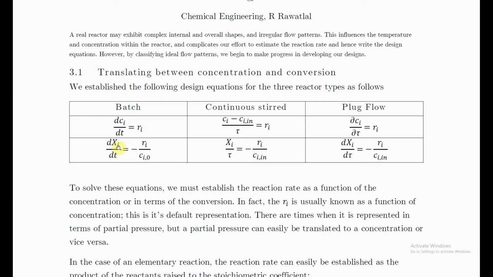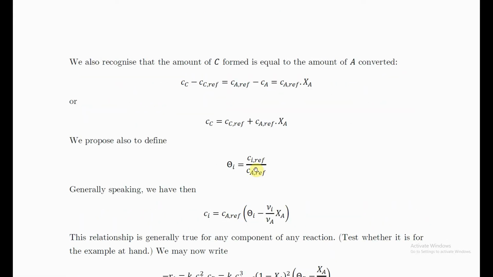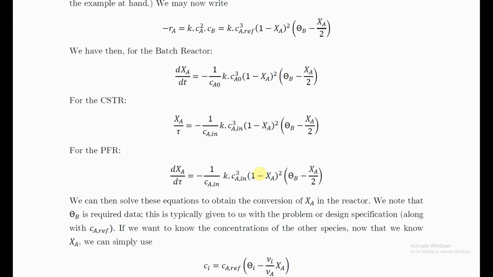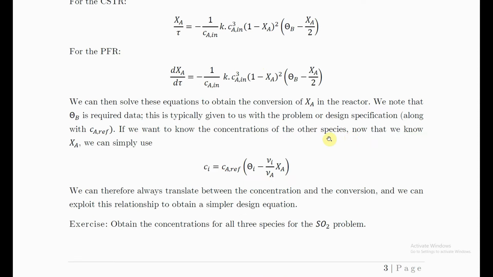We can work with conversions, and that's how we can read what nature is going to do. Okay, so for this specific exercise, we can write all these balances and just solve for XA, and that helps us design our reactor.